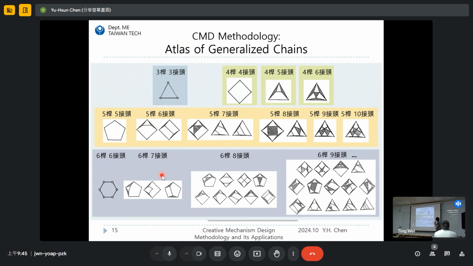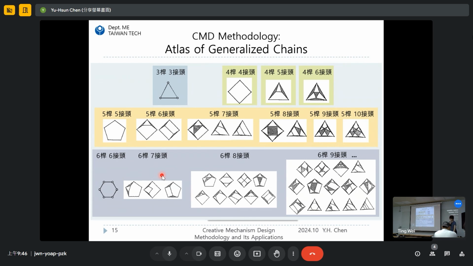For example, if we take 2 triangles and 4 bars, how many types of generalized chain can we assemble? Over here we find the result: 3 results that we can generate with the same components, but with different methods to assemble them together. Okay, so that is what we call a generalized chain, and the database comes from the mathematics.